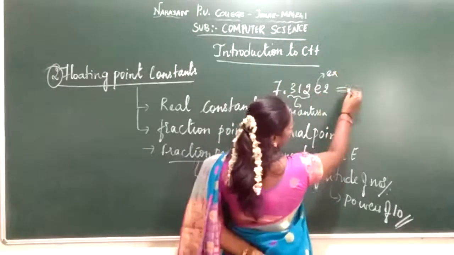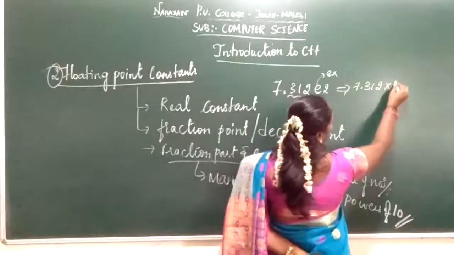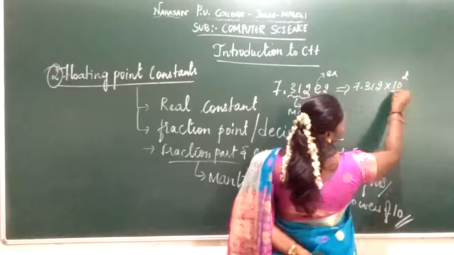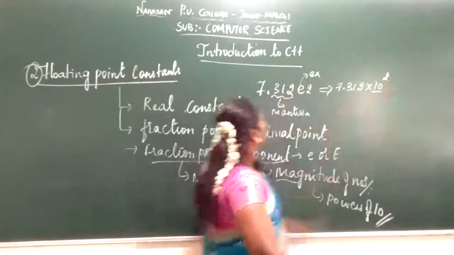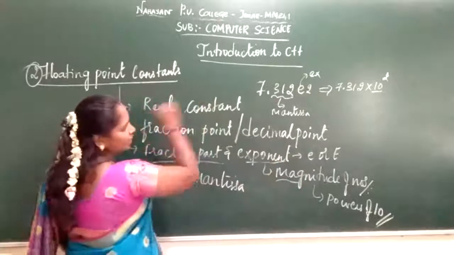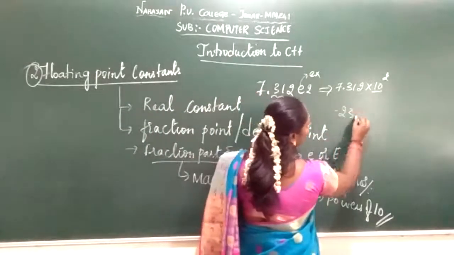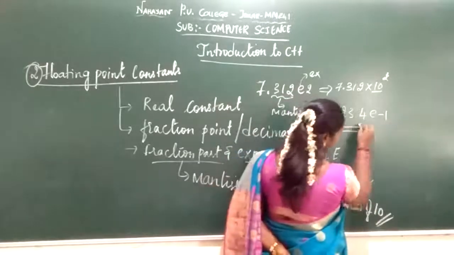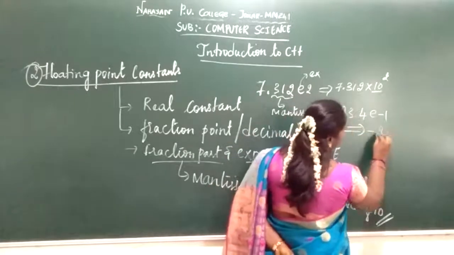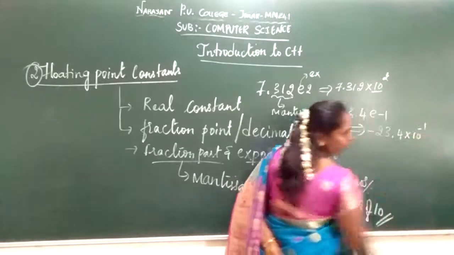This equally represents 7.312 into 10 to the power of 2, since the exponent is 2. Similarly, for a negative value you can have 23.4 exponent of minus 1. This is represented as minus 23.4 into 10 to the power of minus 1.